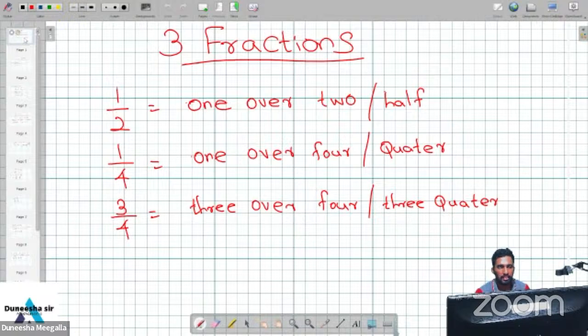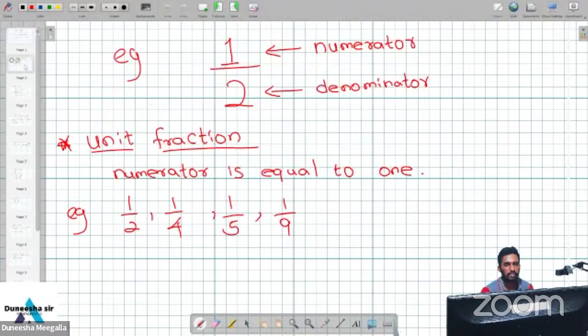Then 1/2, we can pronounce it. The second one is 1/4. The third one is 3/4.